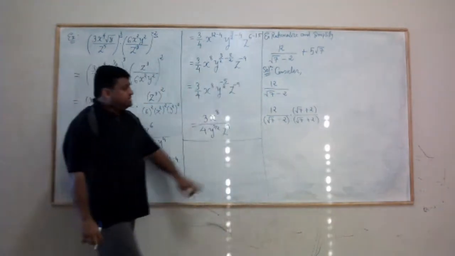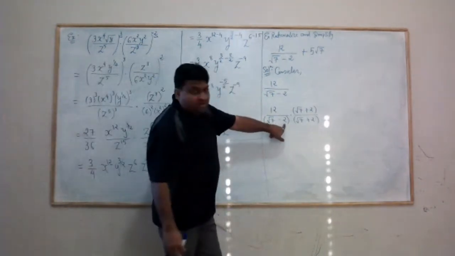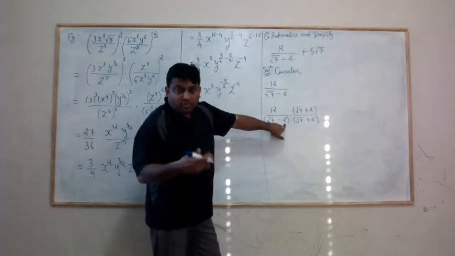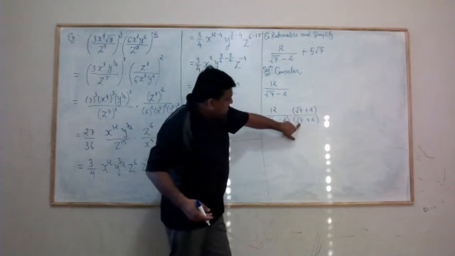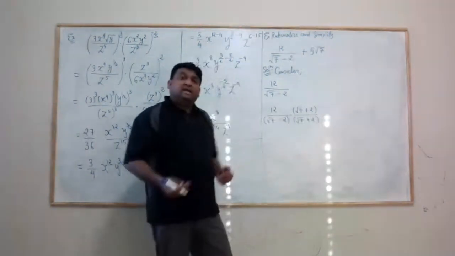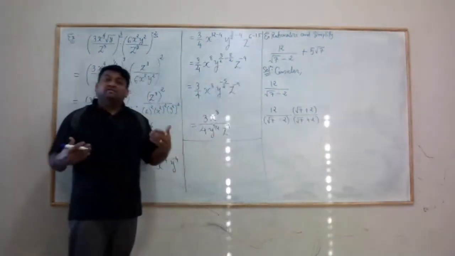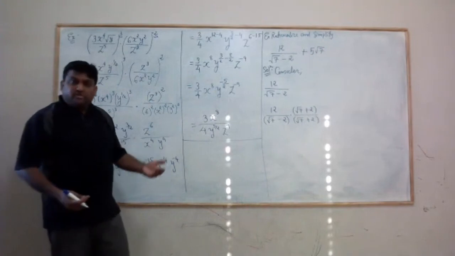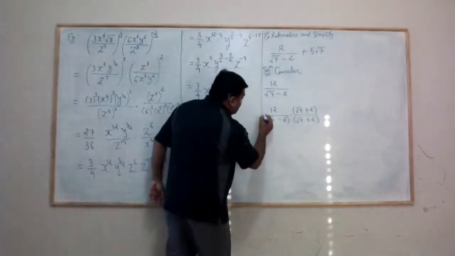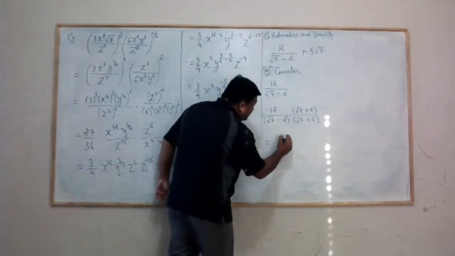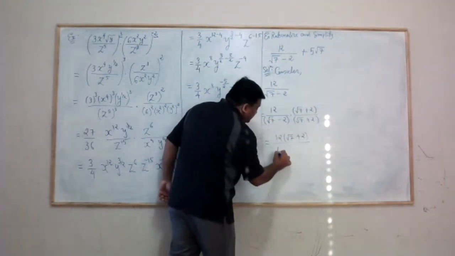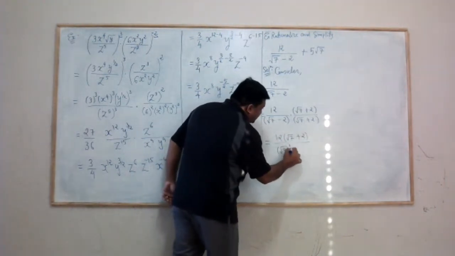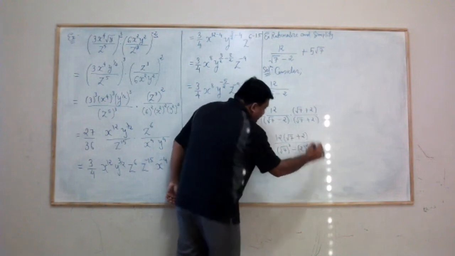All right, as you can see, I have the factorization formula for the difference of two squares in the denominator, a minus b, a plus b. I can write this as a square minus b square. Let's do that. So I get 12 times square root of 7 plus 2 in the numerator, and the denominator is going to be square root of 7 squared minus 2 squared.